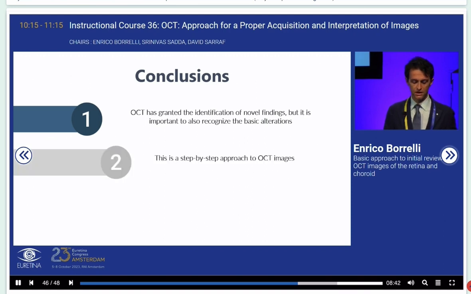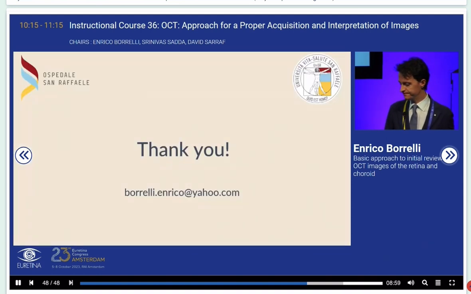Of course, it is important to have a step-by-step approach to OCT images, but OCT should be integrated in a multimodal imaging approach, as in several disorders, the OCT sign may be associated with different findings. Thank you so much.